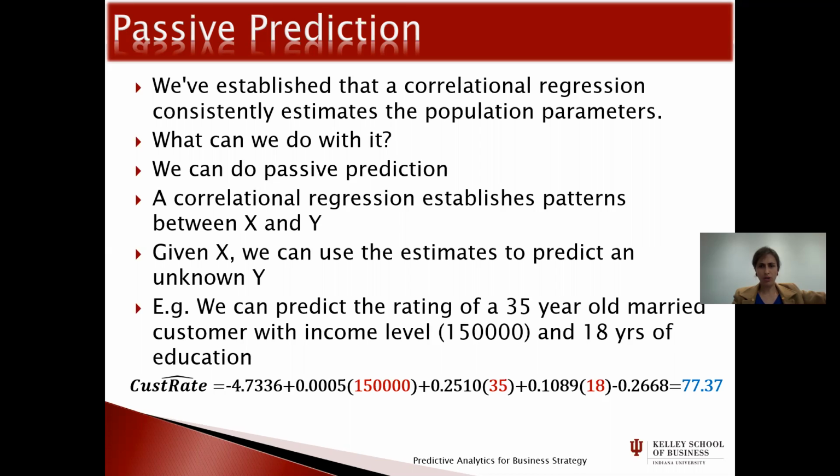There's also a question here that is asking me, how do I find the minus 2.6068? So this is actually the beta hat from the merit variable. The merit variable, remember, is this dummy variable that is equal to 1 if the person is married. Here we have a customer that is married, okay? So we actually have that dummy loading up in the model, so we need to include that estimate.